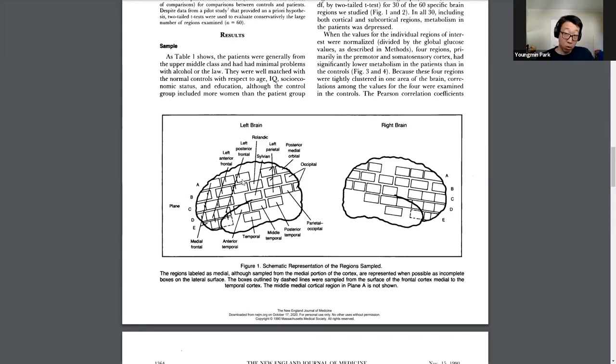By normalizing this way, they can compare the relative glucose uptake between 2 different patients. All right. So if for example the glucose uptake in this region is low, like the proportion of glucose uptake in the left posterior frontal region, the superior portion of that here, if that percentage of glucose uptake is lower compared to the percentage glucose uptake in a control patient, that says something, right?